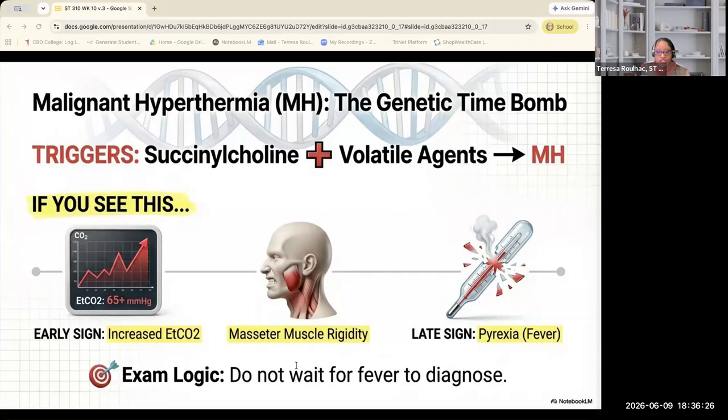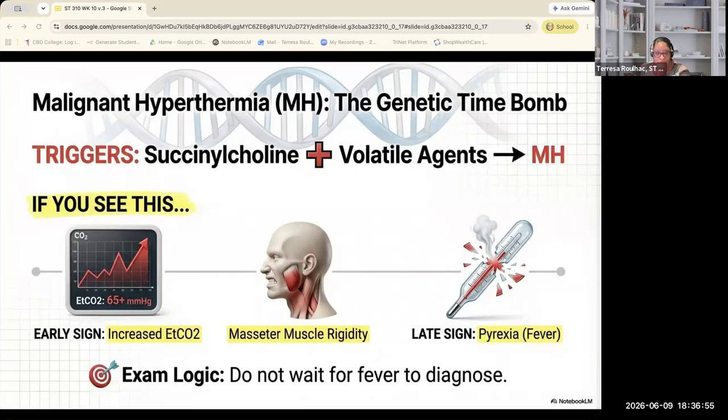This is a genetic condition that causes the body's muscles to react abnormally to certain anesthesia medications. If you remember one trigger combination, remember this: succinylcholine plus volatile inhalation anesthetics. Those are the two major triggers associated with malignant hypothermia.